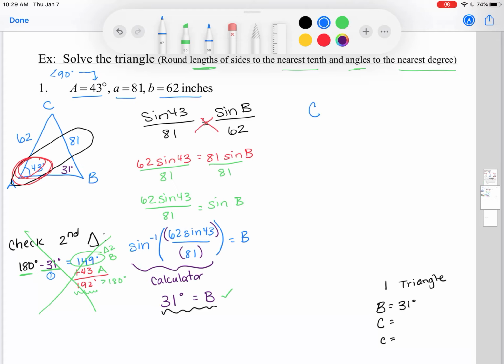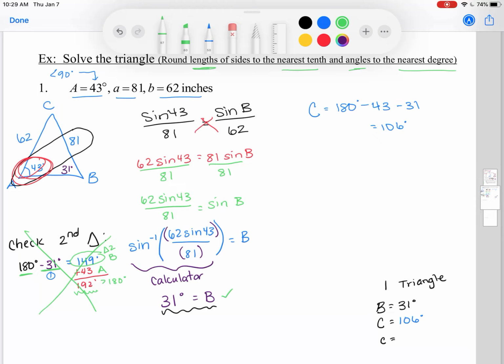So let's start with angle C. I'm going to take the full triangle, 180 degrees, subtract what I know about that triangle, and that is going to give me 106 degrees. So there is my second piece of information I need to know.